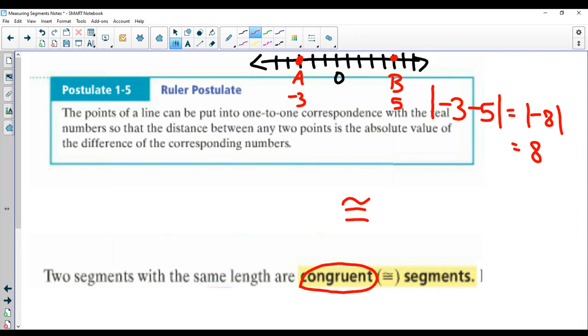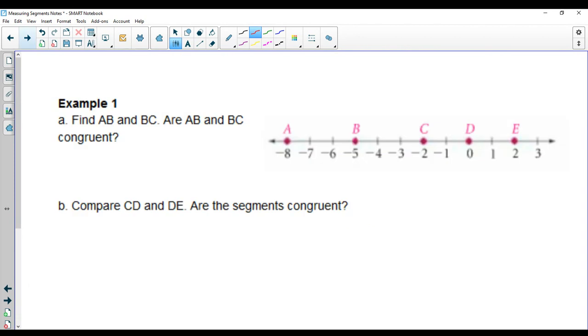Alright, let's use this ruler postulate. We've got a number line here and a few points on there, and it wants us to find AB and BC. Now I want you to notice something. Earlier in our lessons, we've talked about making sure to use the bar on top to know it's a segment.